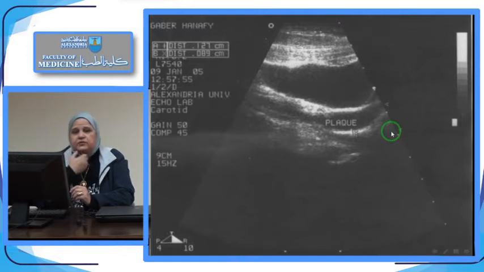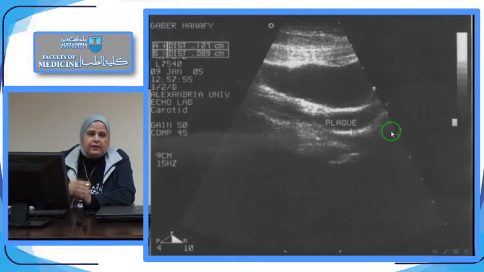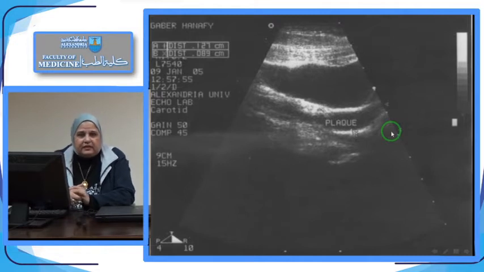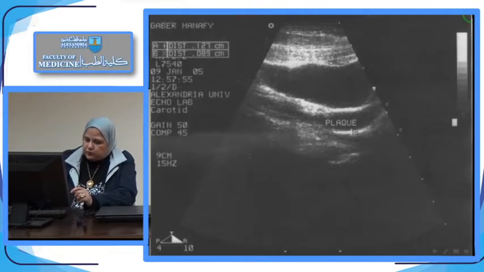So we can perform carotid Doppler and diagnose the early stages of atherosclerosis. At this moment, we can do what is called a preventive maneuver, preventive medication, to prevent the catastrophe of a stroke.